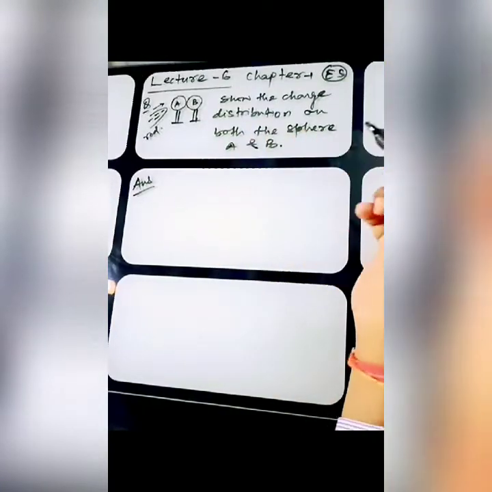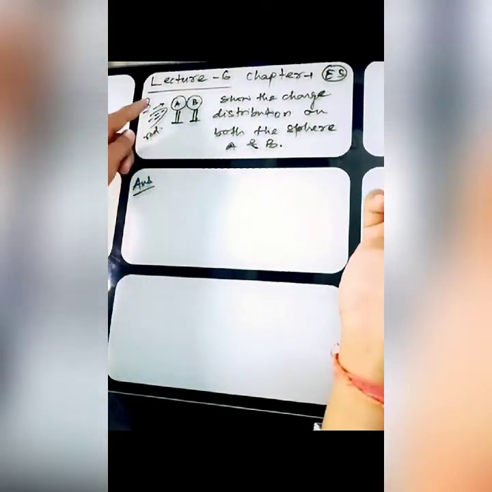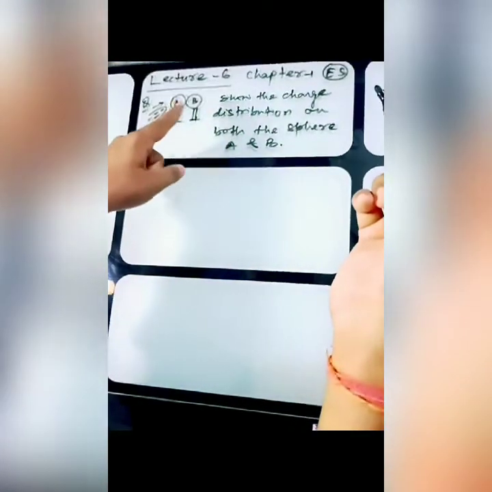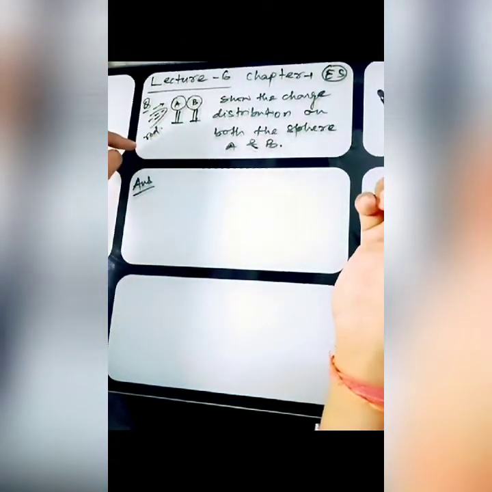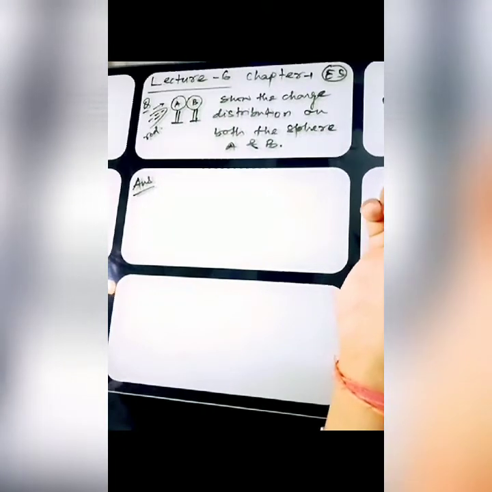Actually, the question is, if you bring this rod near the sphere A, which is connected with, in touch with the sphere B, and after removing this rod, how do the two bodies get charged?